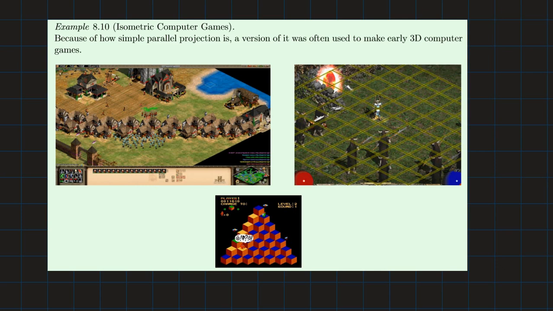Okay, so for example, you can tell that the first image on the left is parallel projected because you can see parallel lines in the grass running everywhere. And it just gives you an okay three-dimensional world. Parallel projection used in this manner gives a passable three-dimensional world in which to inhabit.